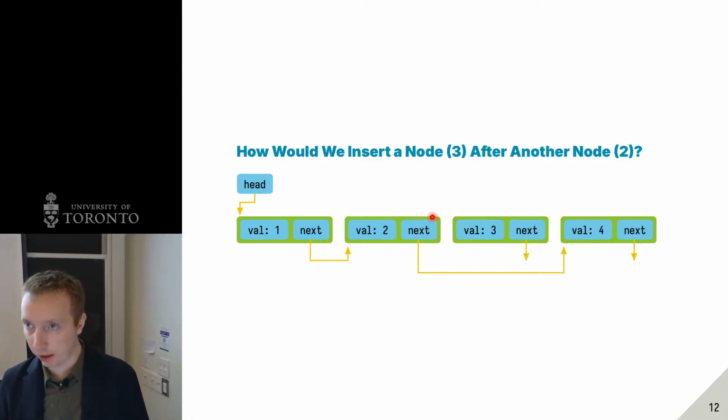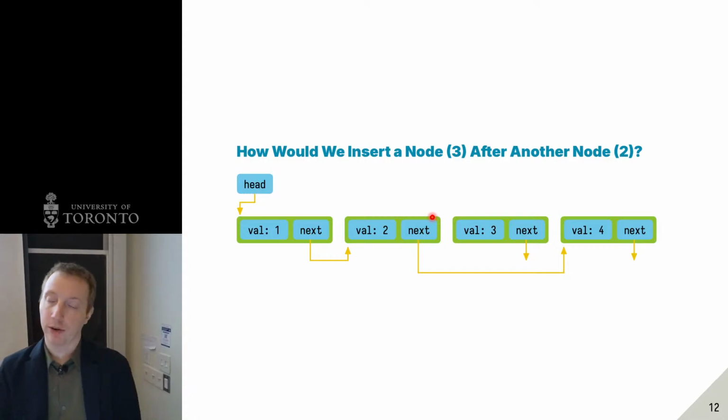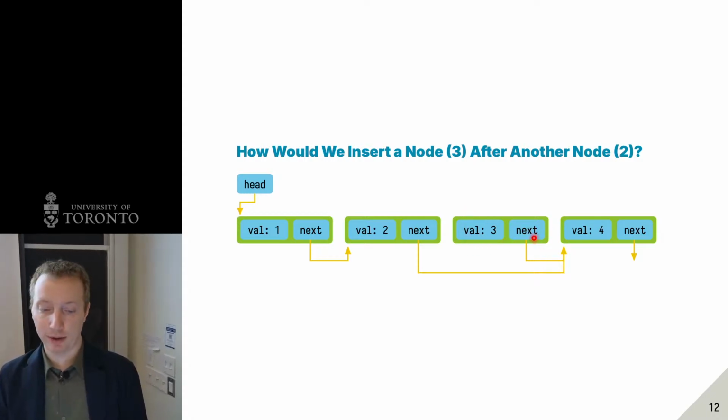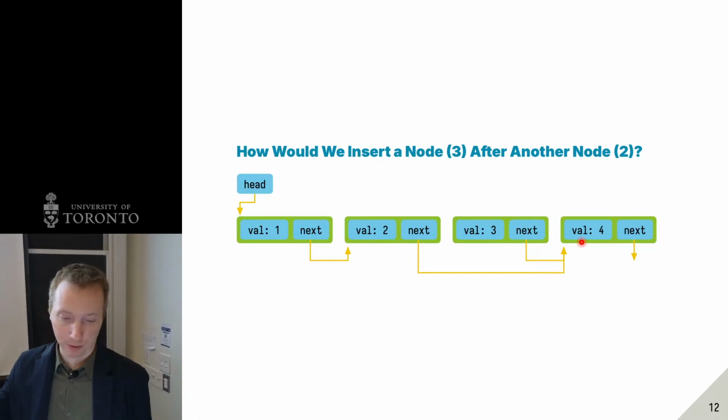What I would have to do is first update node 3's next to point to the same thing as node 2's, so I don't lose what node 2 is pointing to. If I just updated node 2's next pointer to point to node 3 first, then I've lost my pointer to node 4, and I wouldn't be able to get it back.